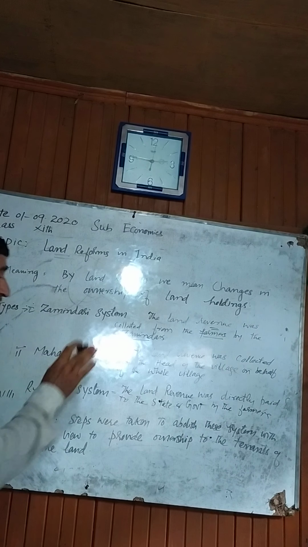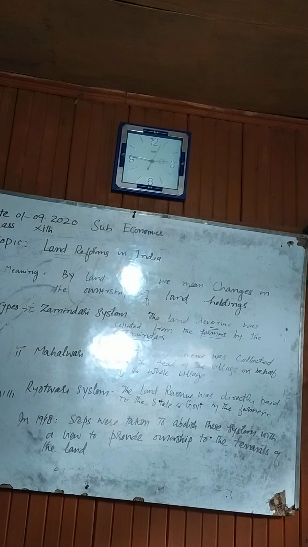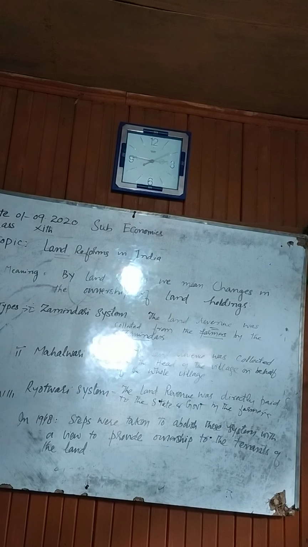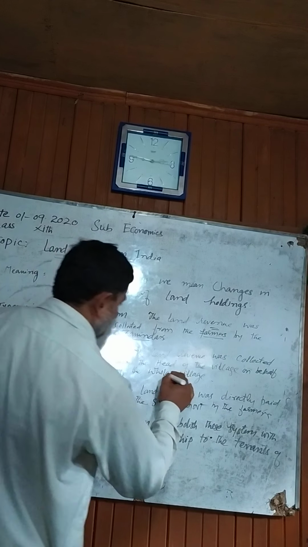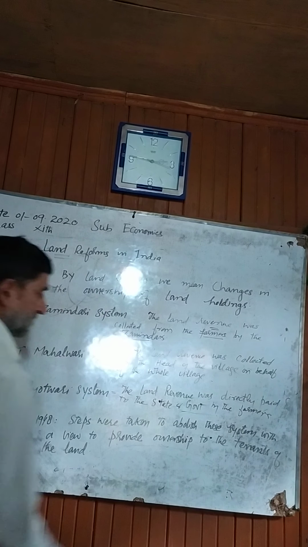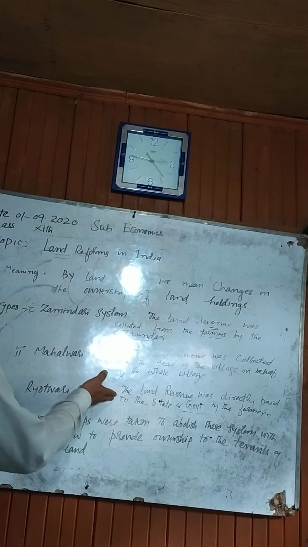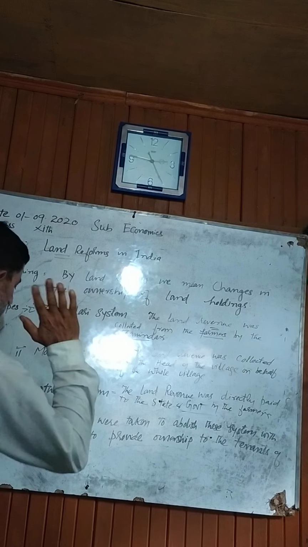Here it was collected directly by the state or government from the farmers. The farmers here were directly paying the land revenue to the state or government.